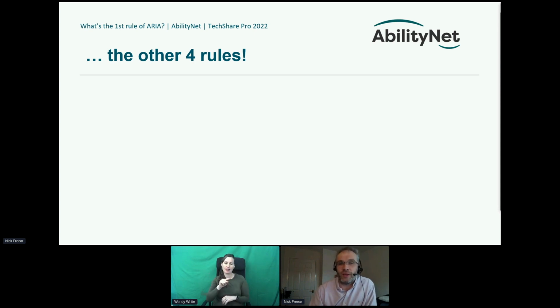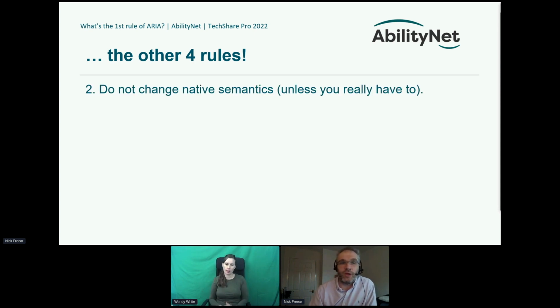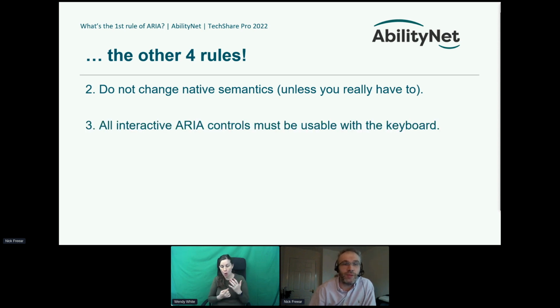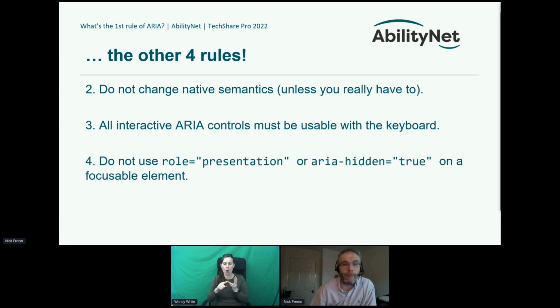But basically, don't change native semantics of a tag, an HTML element, unless you really have to. All ARIA controls must be usable with a keyboard. So if you develop a combo box, then the idea is you make that accessible with a keyboard.